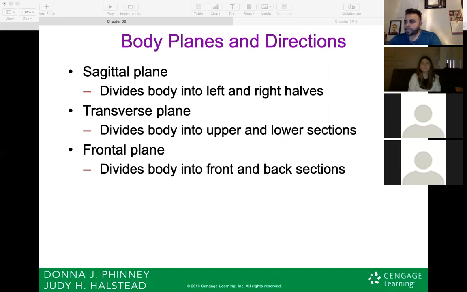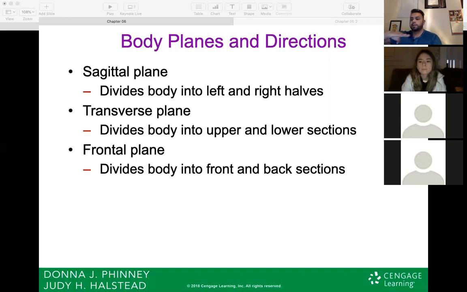Front and back sections are divided by the frontal plane, and the front section is called the ventral or anterior, and the back section is referred to as the dorsal or posterior. The transverse plane divides the body into upper and lower sections, and it's called the horizontal plane. That would be as if you cut the body in half this way instead of this way.